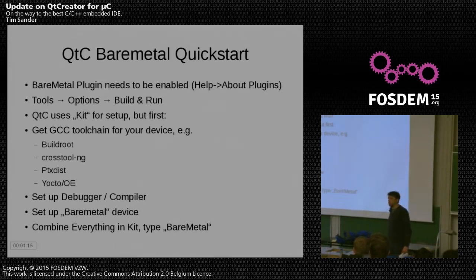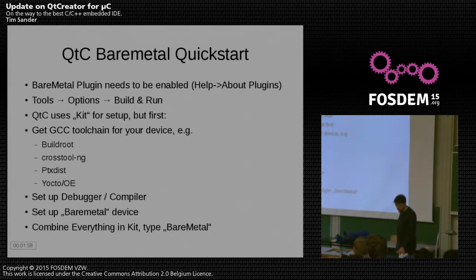Qtcreator also has support for LLVM as backend and some other tool chains, but I think you mostly might have a GCC tool chain. And yeah, you can take a tool chain from these build tools, or you can download one with your distribution. It should all work, given that it has Python scripting support. That's important.